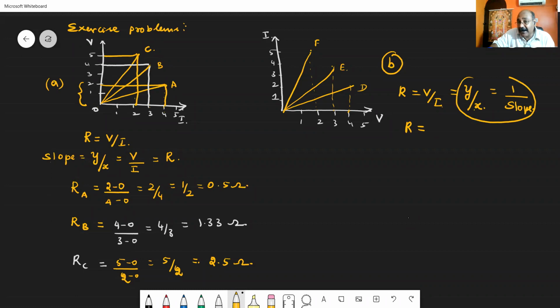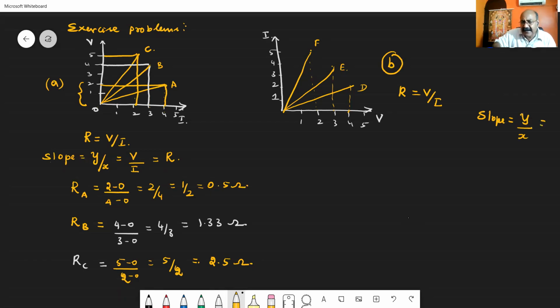Let us take it like this. The resistance is V by I. When I consider the slope, the slope is the y-intercept by the x-intercept.